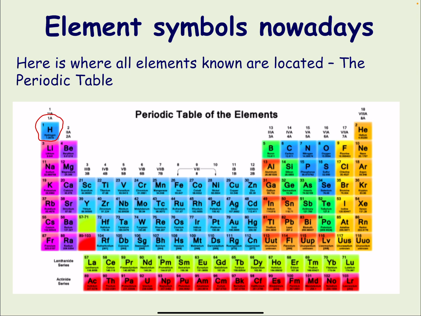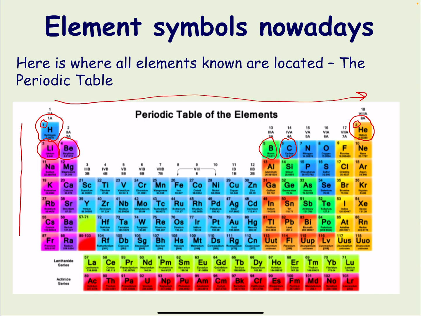It's the first element in the periodic table. It's got a little 1 there. That means it's the first. Helium is the second. Lithium, beryllium 4, boron 5, 6, and so on. They're all in order. They're all in nice columns going along the way, and they're also in nice neat rows as well.